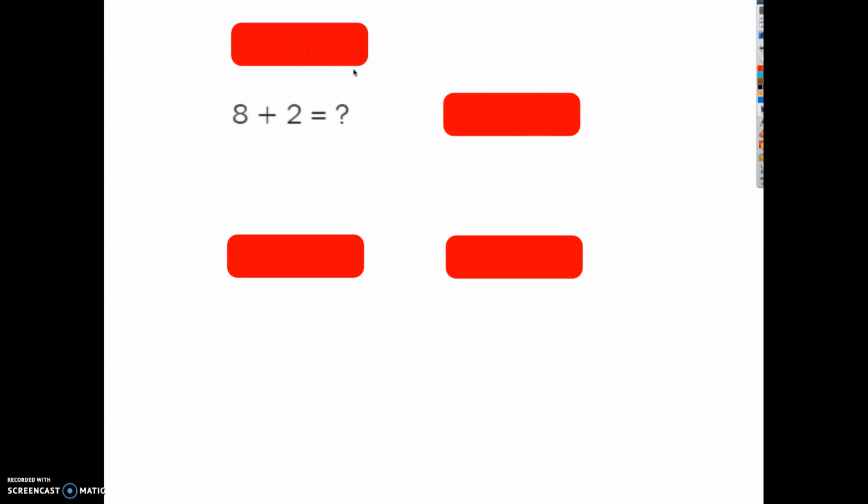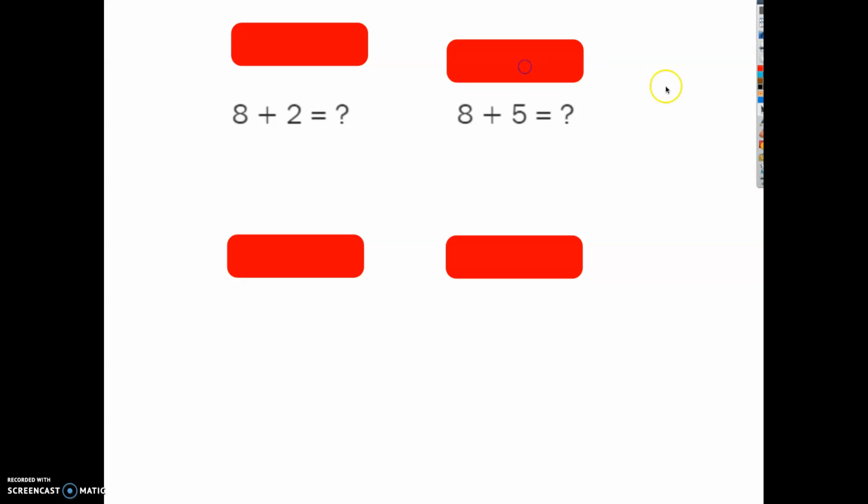One more set. 8 plus 2 is 10. Ooh, 8 plus 5. How can I use 8 plus 2 to figure out 8 plus 5? Well, I know this is 10. 5 is 3 more than 2. So 8 plus 5 has to be 3 more than 10. So that's going to be 13.